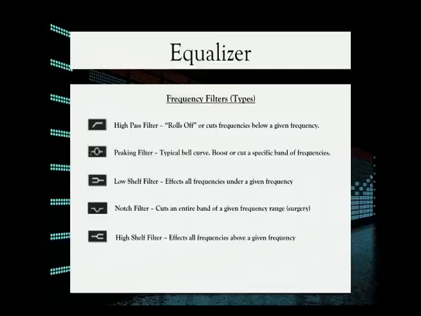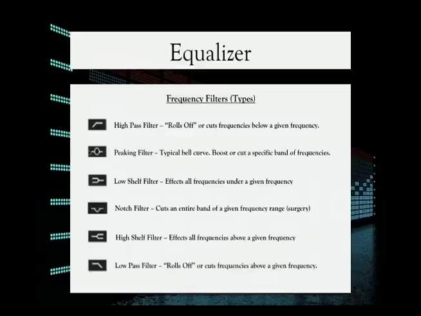So it has more of a global impact. When you use these shelving filters, they have more of a global impact on the sounds beneath a certain frequency, which is in the case of a low shelf, or above a certain frequency in the case of a high shelf. And again, with shelving, the impact happens on the frequency you select, as well as those frequencies under it in the case of low shelf, or above it in the case of high shelf.